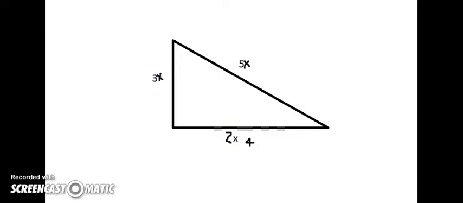They probably won't even give you that. What they really like to do is this: just give you those two and ask you to calculate the value of x.